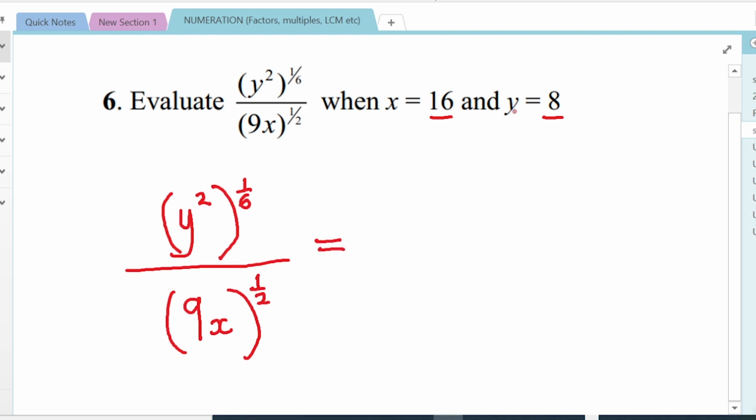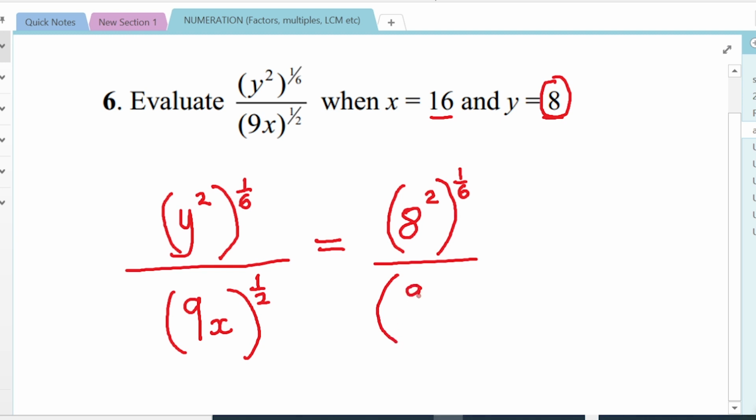Of course, that's going to be cool. We said y is 8. So this is the same as saying 8 squared to the power a sixth, divided by, in brackets, 9 times x. X is 16, right? So it is 9 times 16.